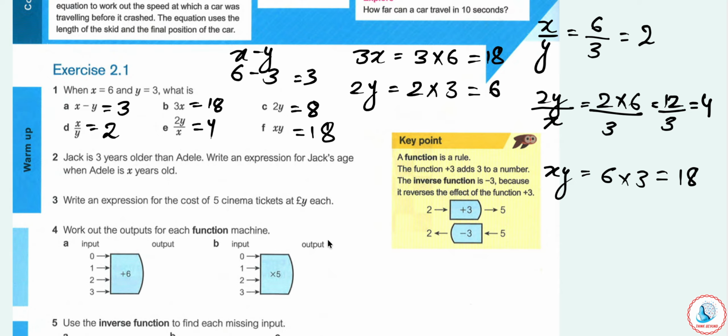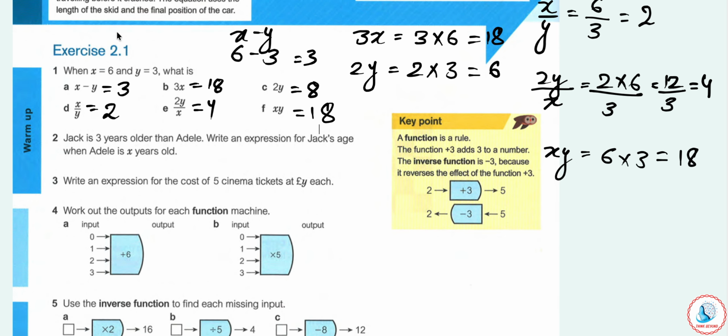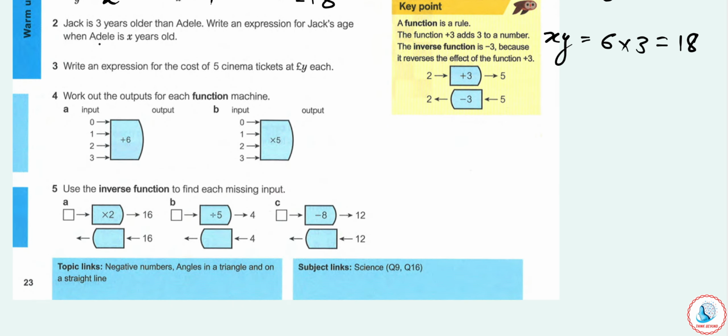Question 2 says Jack is 3 years older than Adele. Write an expression for Jack's age where Adele's age is x years old. In the question it is given that Adele's age is x years.